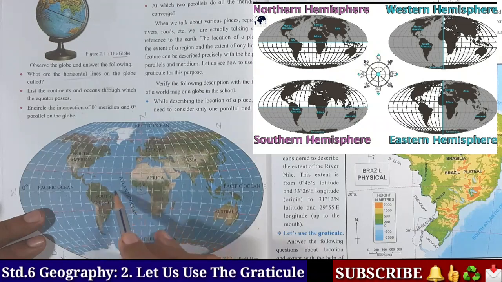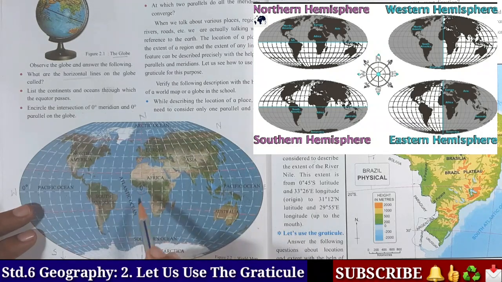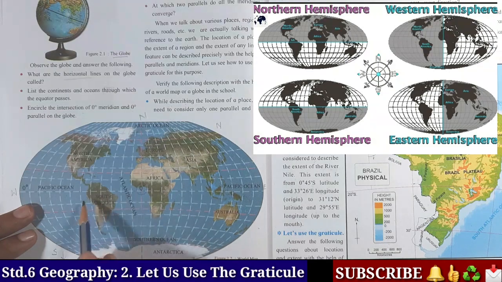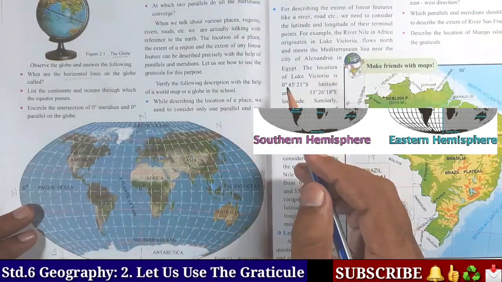See, student, here is the Atlantic, so it is spread in the northern hemisphere, the southern hemisphere, then again the eastern hemisphere, and on this side the western hemisphere. So the Pacific and Atlantic Oceans are spread in all the 4 hemispheres.